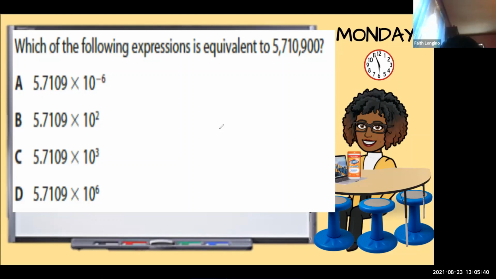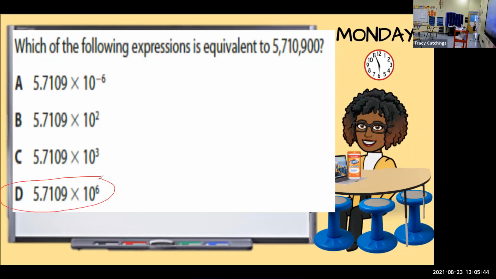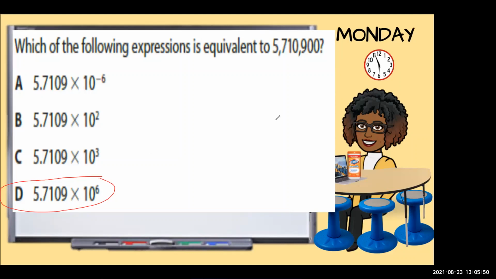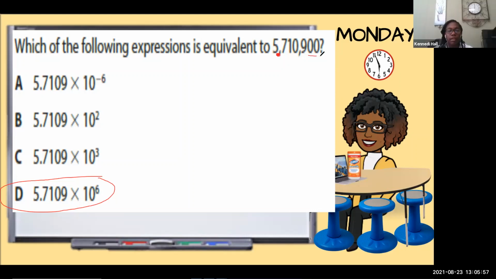I think it's B. All right, why do you think it's B? It has 2 zeros, and plus, we have numbers behind the decimal. All right, so she noted it got 2 zeros. Jamal told us they had some other numbers behind that decimal. And overall, we got 6 numbers behind the decimal.